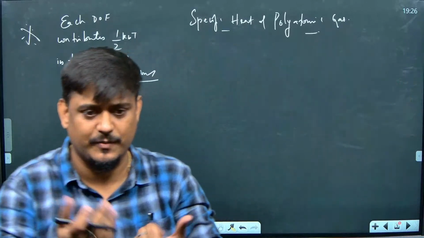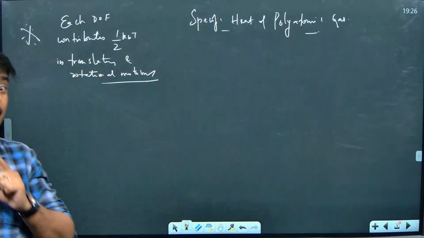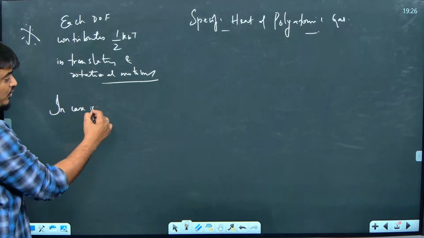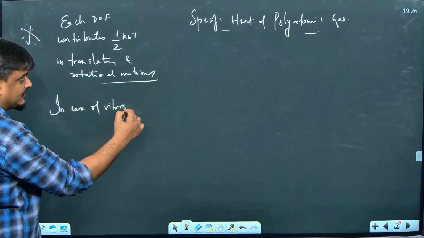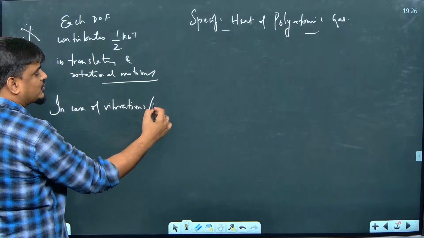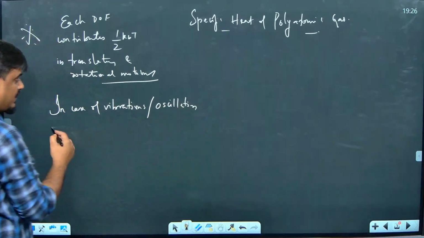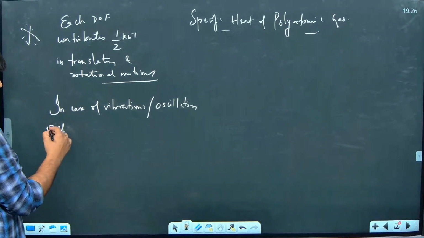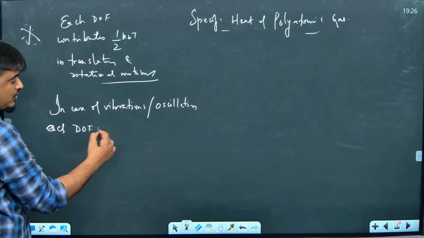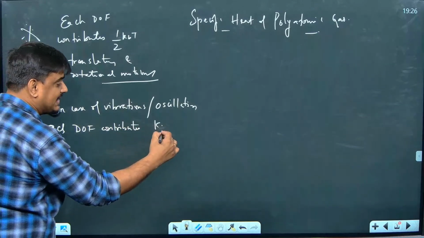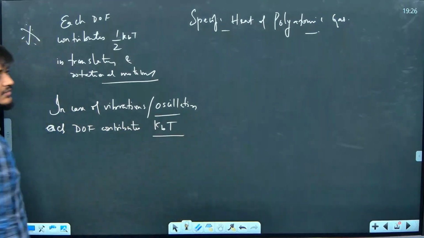Vibration is quick oscillation. In the case of vibration, that's what I want you to write somewhere. In case of vibrations, or called quick oscillations, each degree of freedom contributes kT, not 1 by 2 kT, kT.